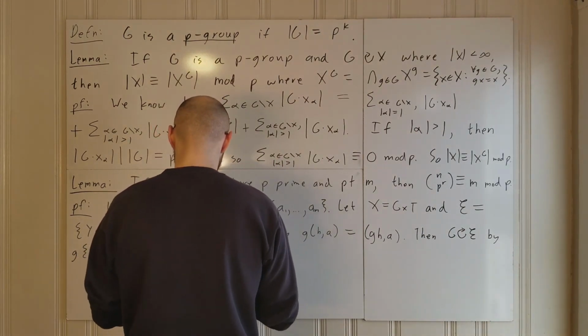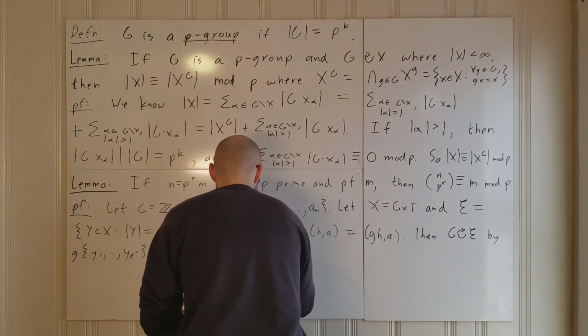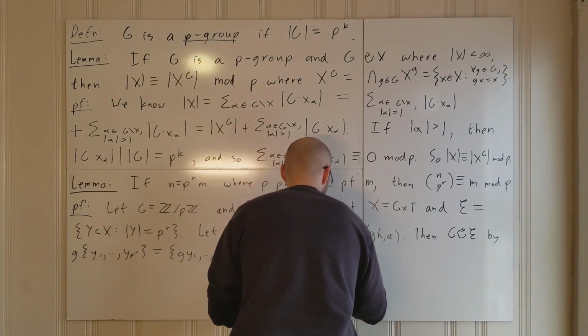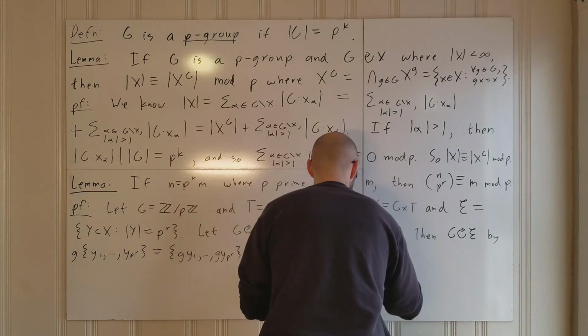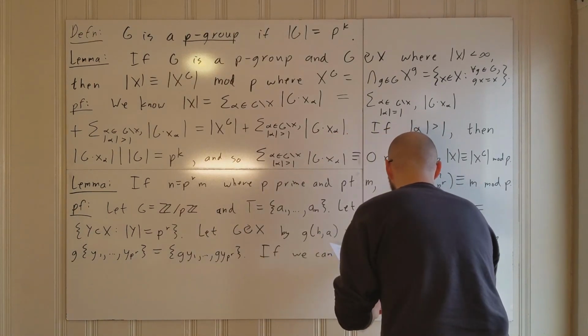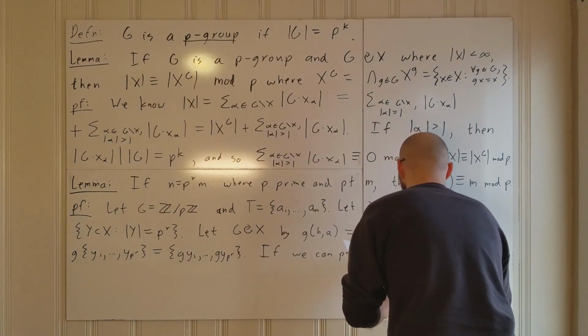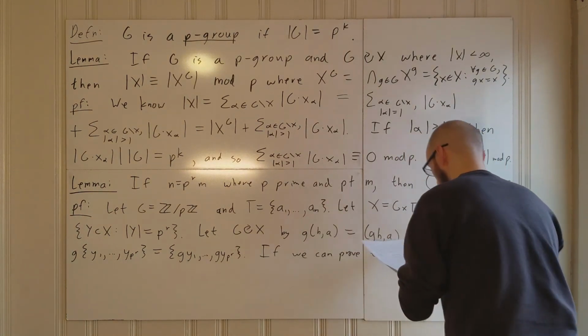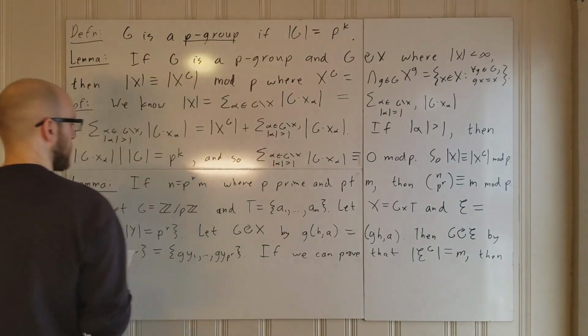Okay? So if we can prove that the size of E^G is equal to m, then what's going to happen?